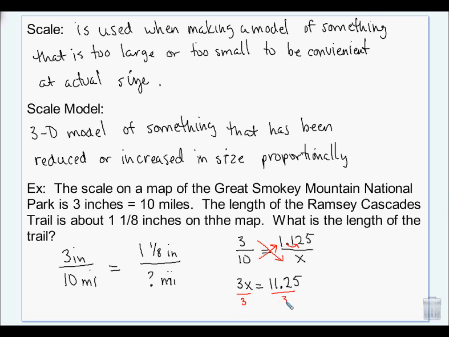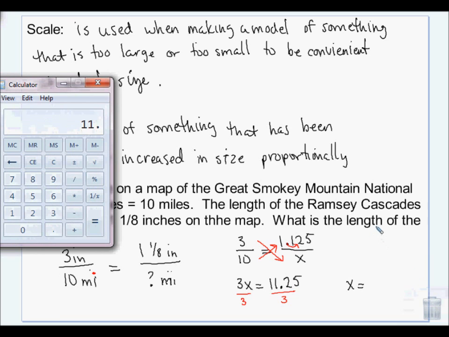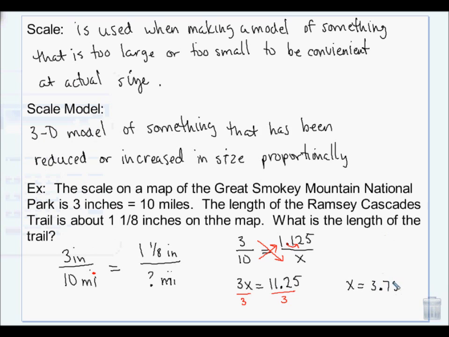Divide both sides by 3. If you were looking on the map trying to figure out if you wanted to hike this trail or not, you could figure out that it's 3 3/4, 3.75 miles, so almost 4 miles long.